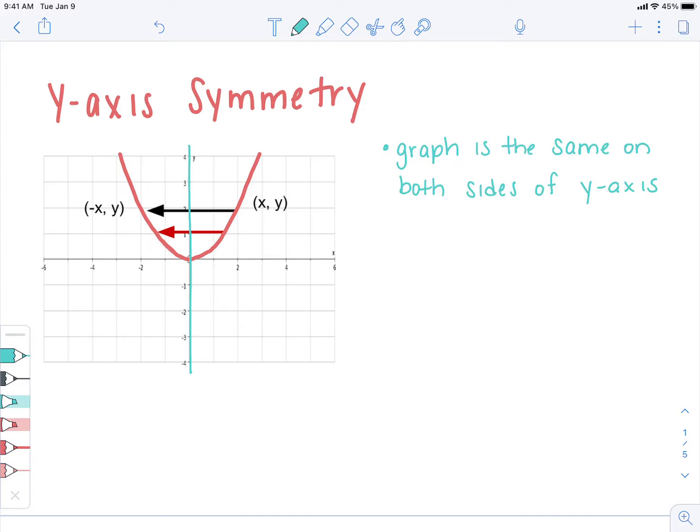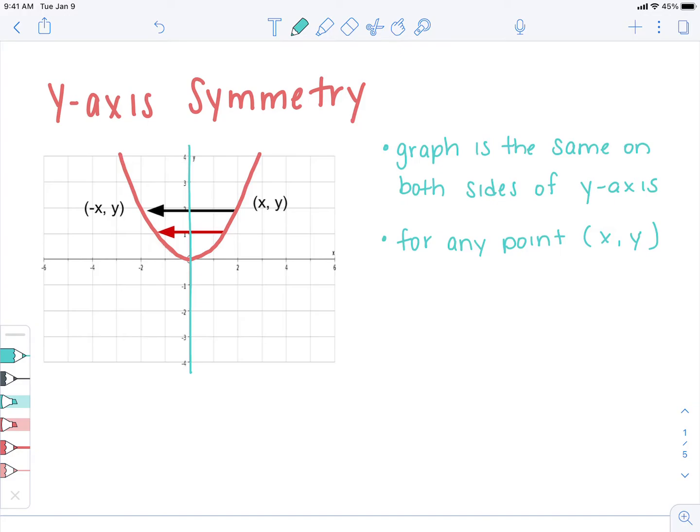The most important thing about y-axis symmetry is that for any point (x, y), I also have the same point, but my x is going to be negative.